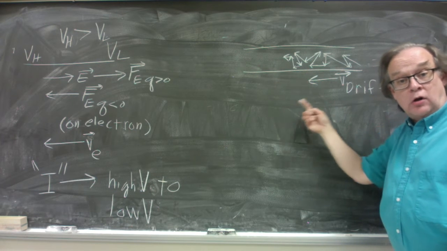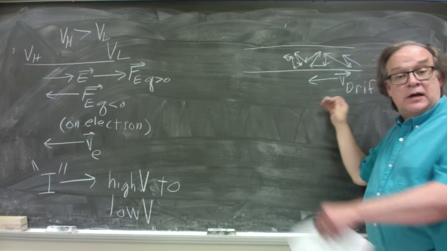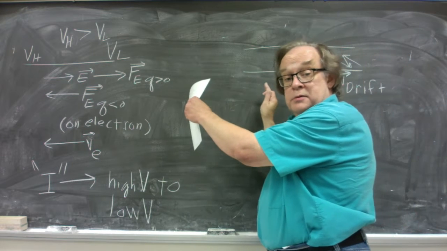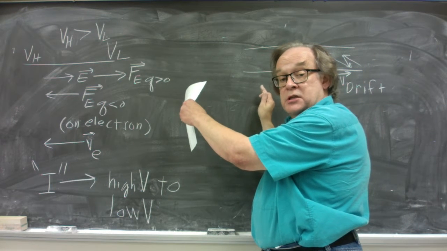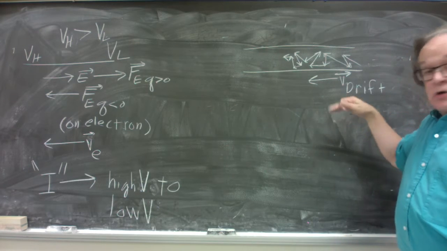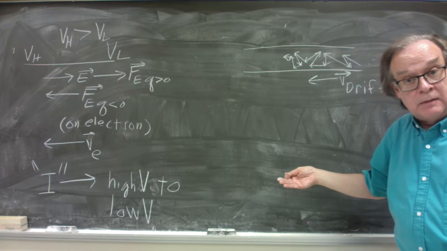But overall, if you try to find an average velocity over some length of time, and then look at another average velocity over the same length of time later on, you'll get the same number all the time.